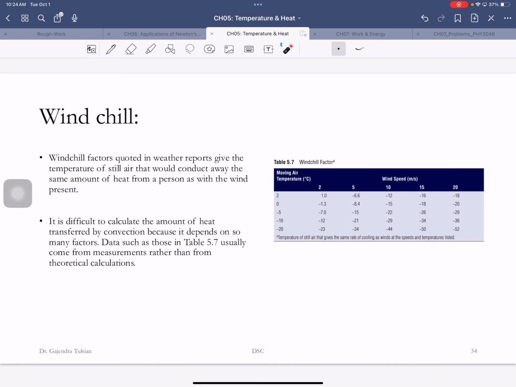All right, why does it feel colder when the air is blowing? Air is a very good insulator. Because there's more cold air impacting you at once.